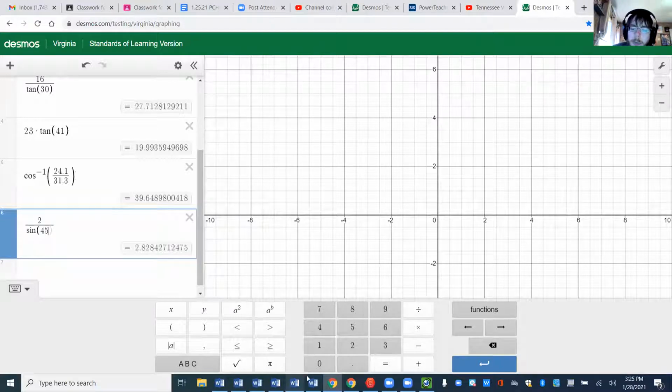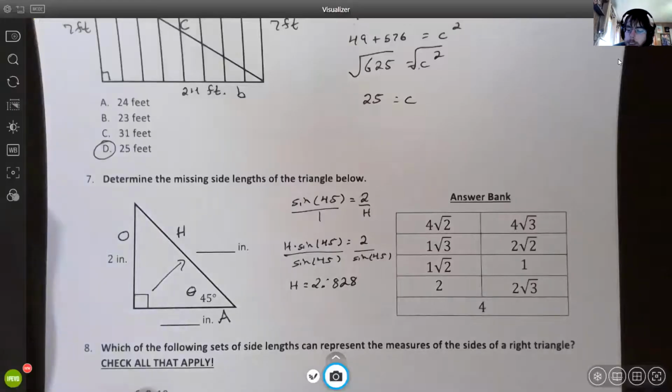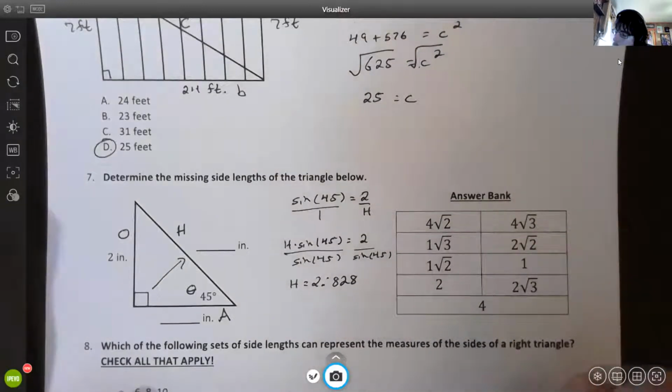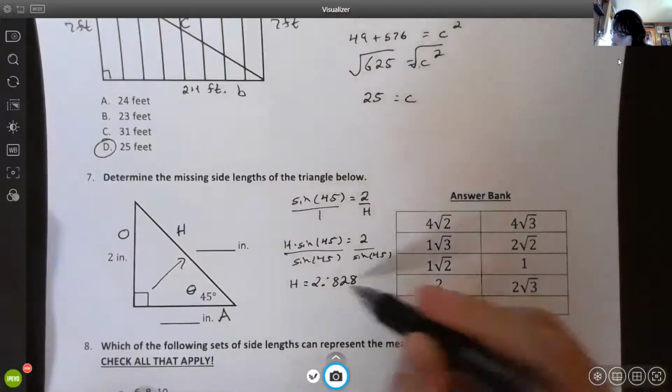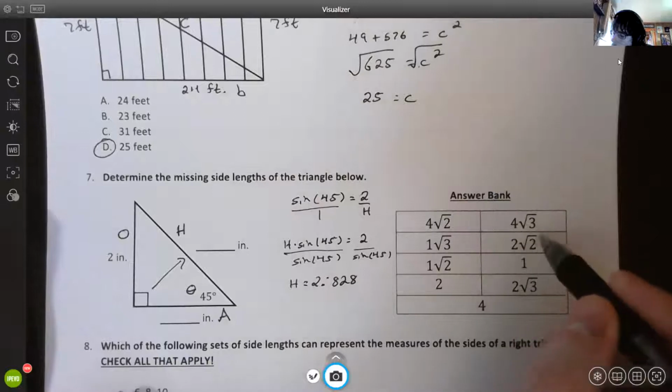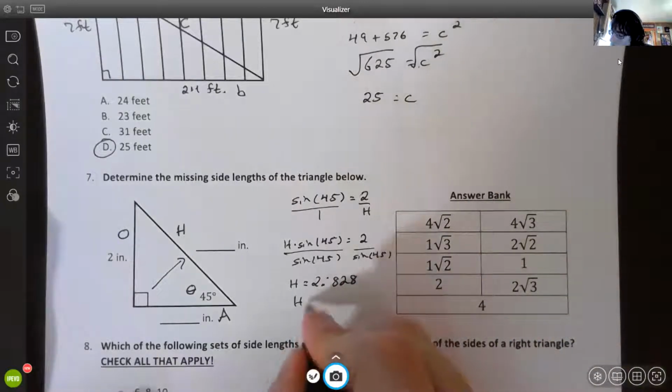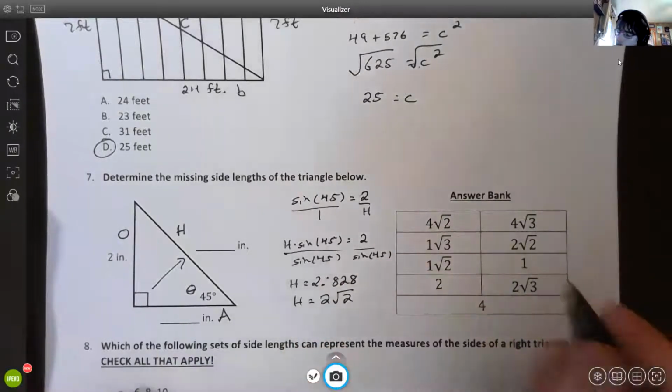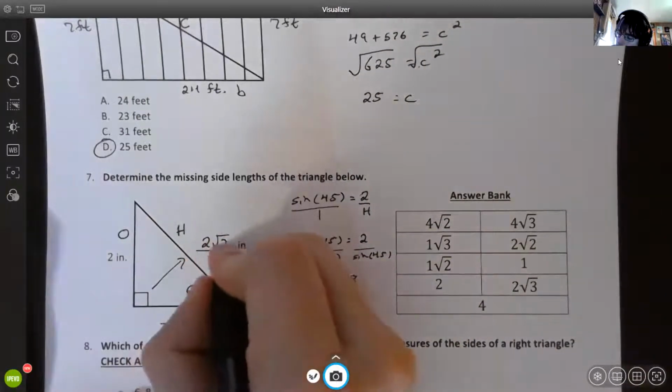And if you type the ones that have square roots in them, what you're going to see is that 2.828 is the same decimal that you get for 2 root 2. So h is 2 root 2.